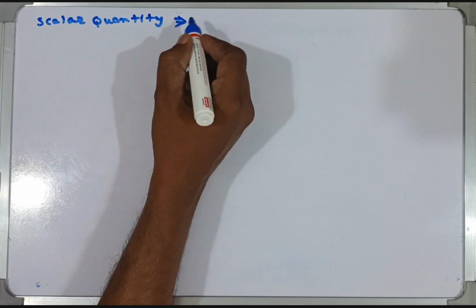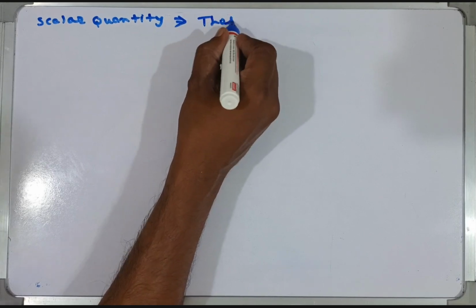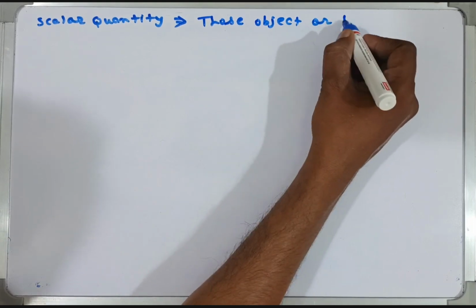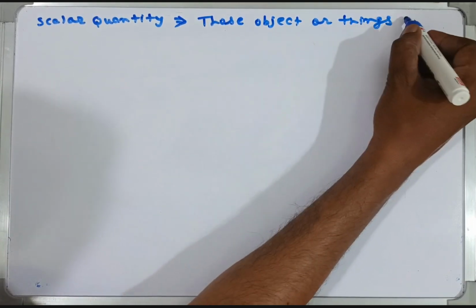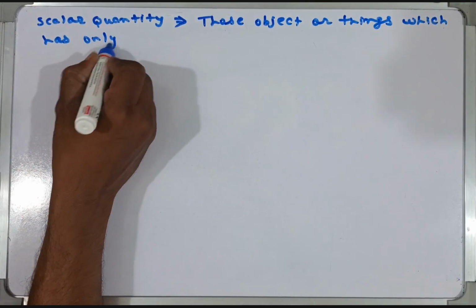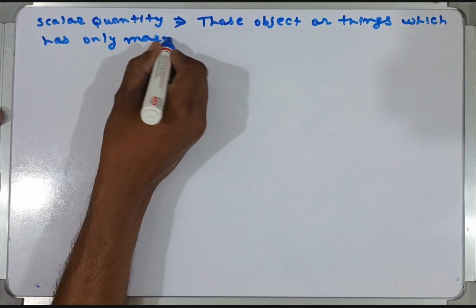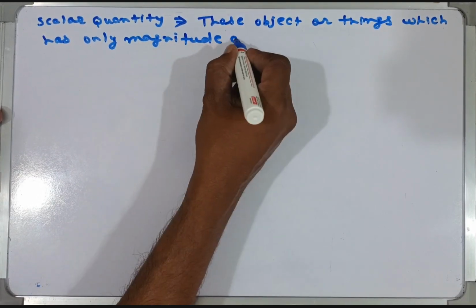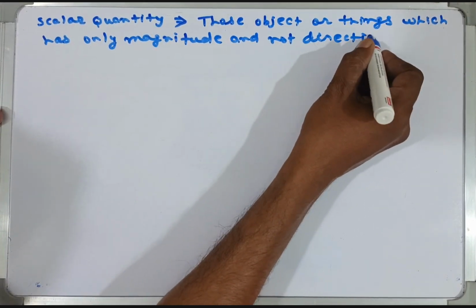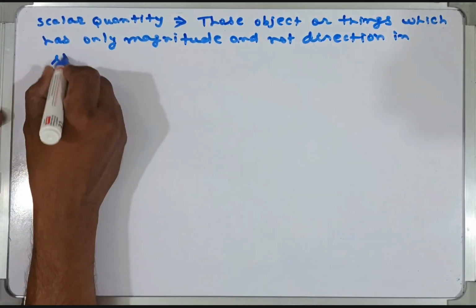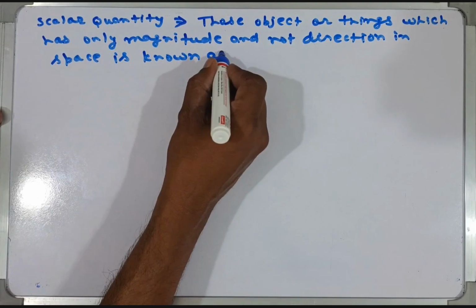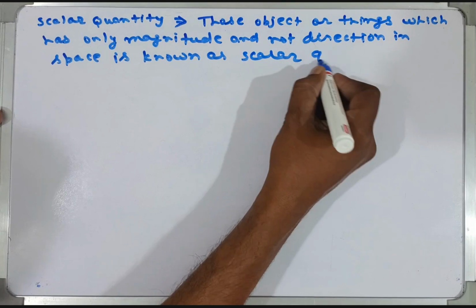So those objects or things which have only magnitude and not direction in a space is known as a scalar quantity.